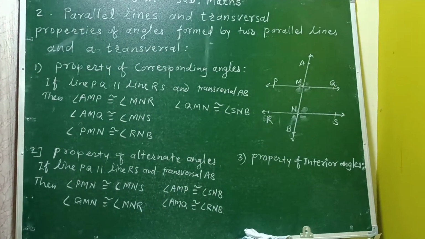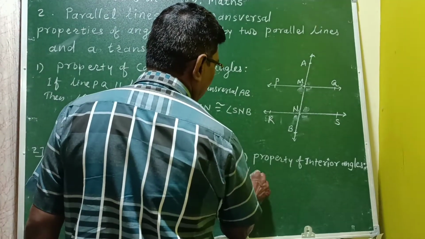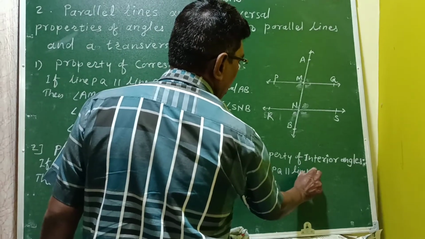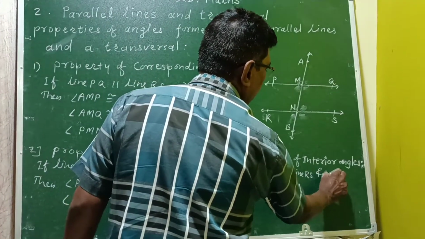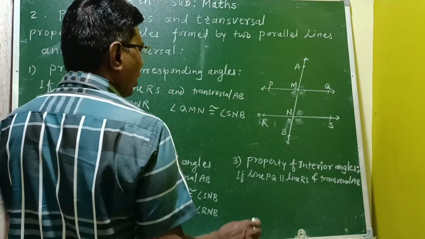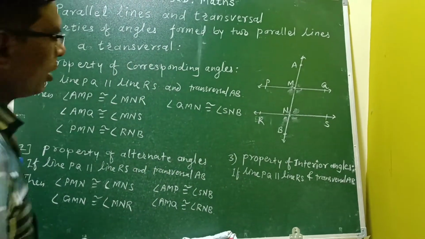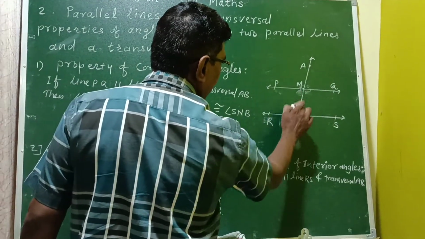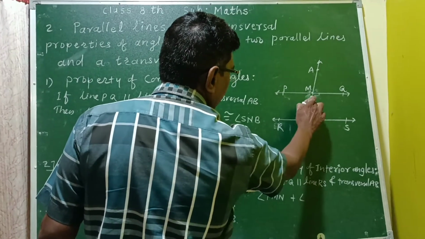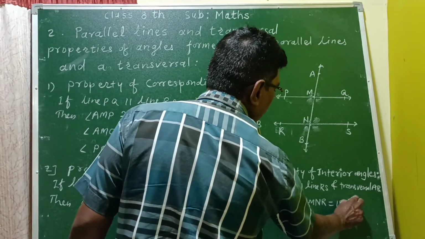Now the third property is the property of interior angles. If line PQ is parallel to line RS and transversal AB, then each pair of interior angles is supplementary, which means angle PMN plus angle MNR is equal to 180 degrees.